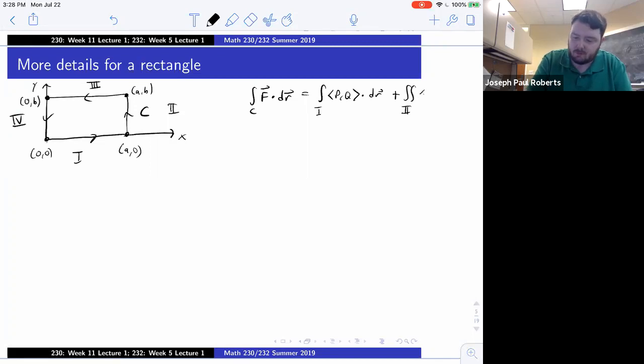Whenever you have corners in your curve like this, you sort of have to split it up. We've done examples like this. So I'll just write P comma Q for each of these.